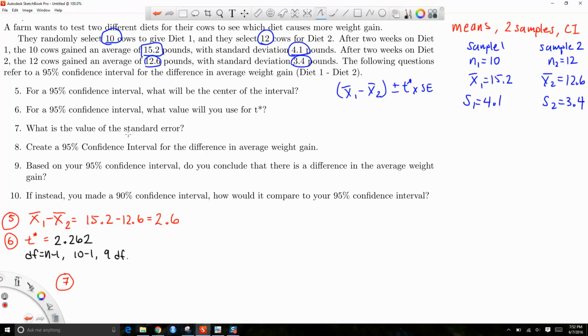Number 7 is asking for the standard error. This is just a matter of plugging in values into our formula. S1 squared over N1 plus S2 squared over N2.